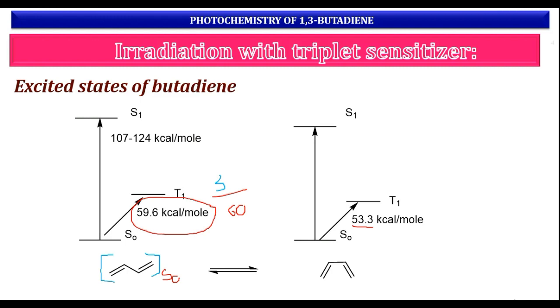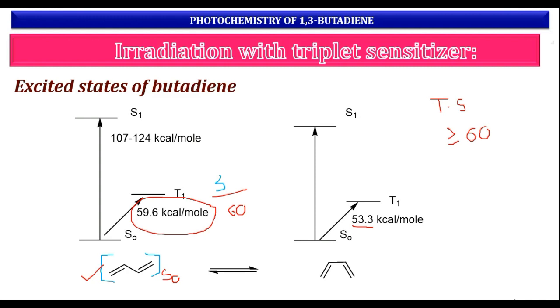That means when you use a triplet sensitizer, if its energy is greater than or equal to 60, then only it can convert this molecule from the ground state to the triplet excited state.